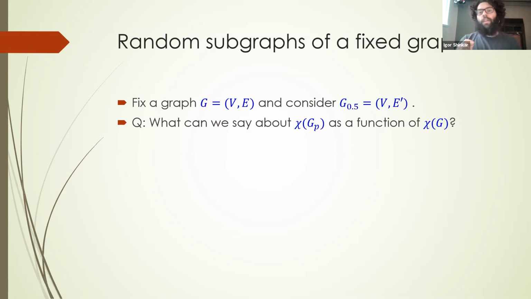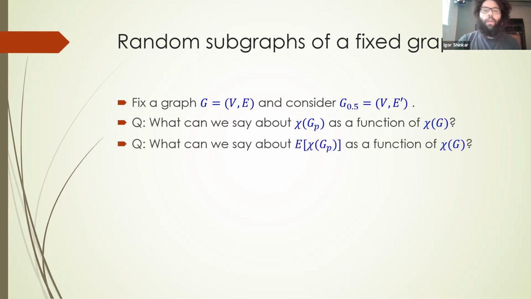What can we say about the distribution of the chromatic number of the subgraph, chi of G_p, compared to the original chromatic number? And as a first approximation, what can we say about the expectation of chi of G_p as a function of the original chromatic number?